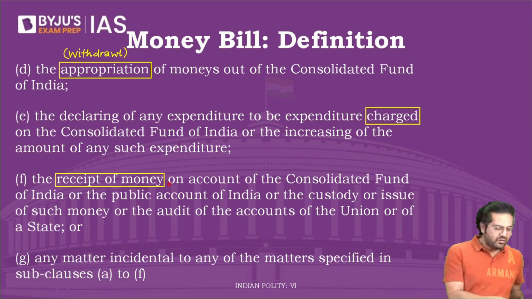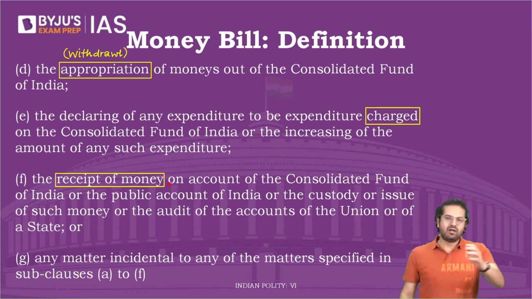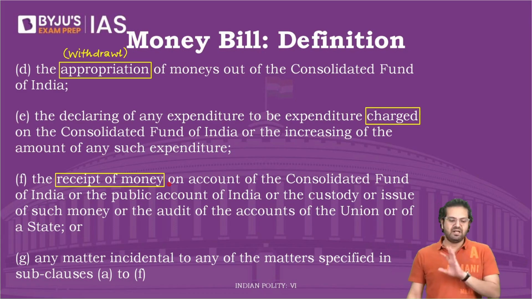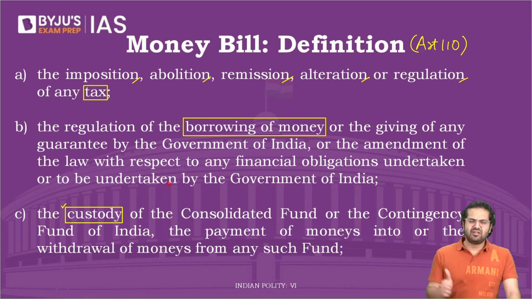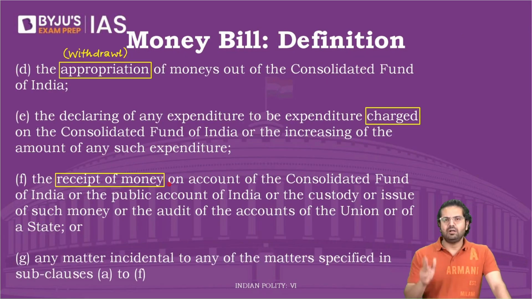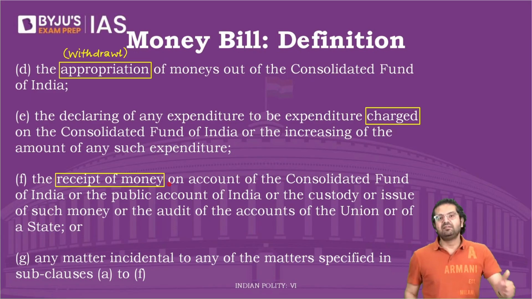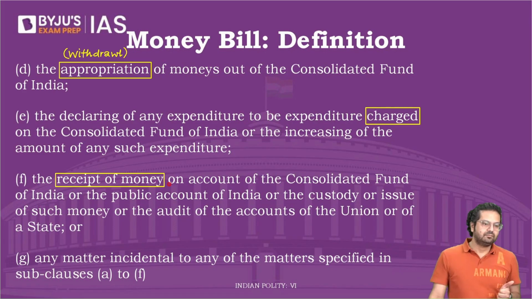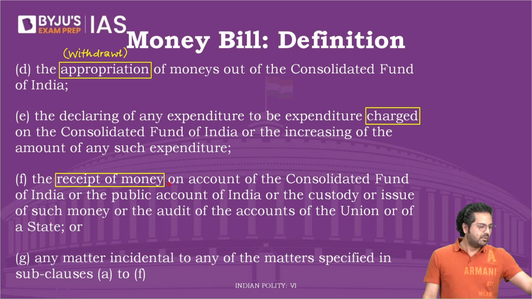Simple. When you receive money under PAI or under CFI, that is also called money bill. Just remember these 6 keywords: taxation, borrowing of money, custody of CFI, withdrawal from CFI, charge expenditure, and receipt of money. Are we clear on this? Everybody?